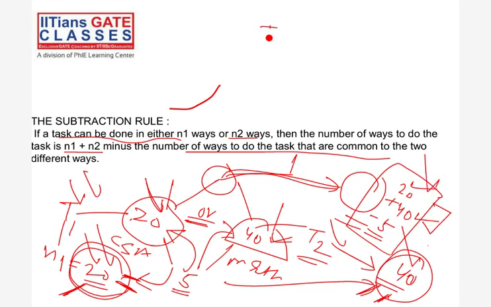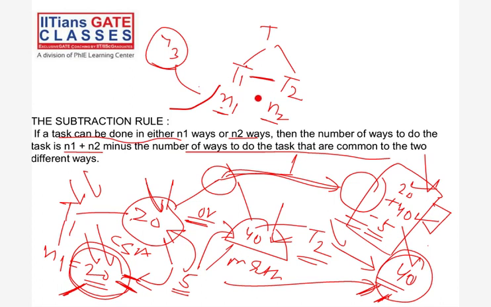Subtraction rule says that if a task T is divided into T1 and T2, let's assume there are n1 ways to complete task T1 and n2 ways to complete task T2, and let's assume that they are not mutually distinct. For example, let's assume that n3 ways are here also and they are here also.